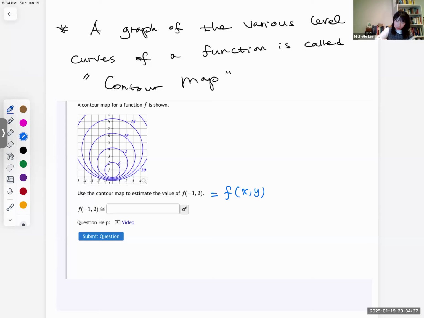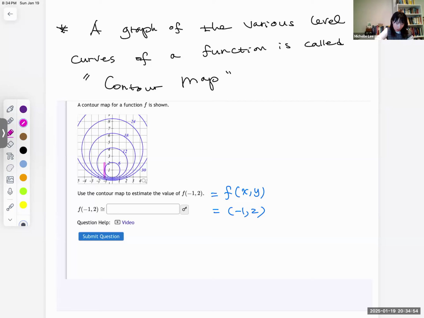So think -1 and 2, right? So let's see. -1 there, right? And +2 there, right? Yeah. Okay.